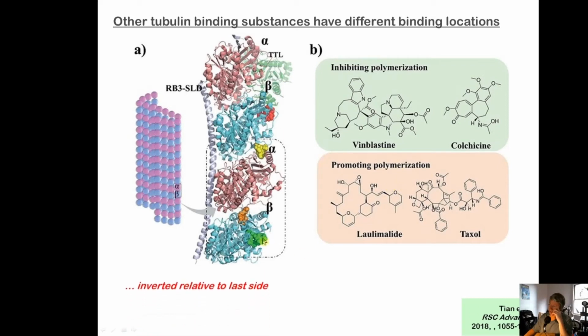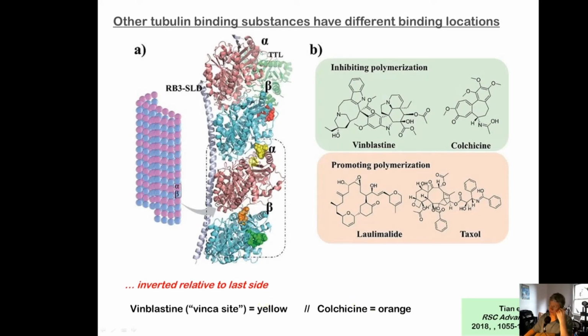Okay. Another thing is that this is inverted relative to the last slide I just showed. We were showing that vinblastine, for example, binds on the top of the beta form. Well, that's because it's flipped over. Just wanted to mention that. Anyway, in terms of colors, vinblastine is the yellow molecule, and colchicine is the orange molecule.